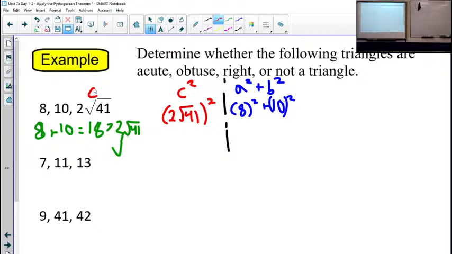I can take 2 and square it. 2 squared is 4, times the square root of 41 squared. If I take the square root of 41 and square it, those are just going to cancel each other out, undo each other. So the square root of 41 squared is just 41. Exactly 41.